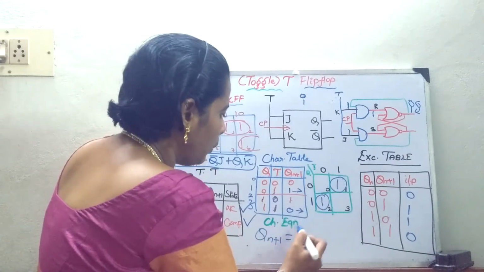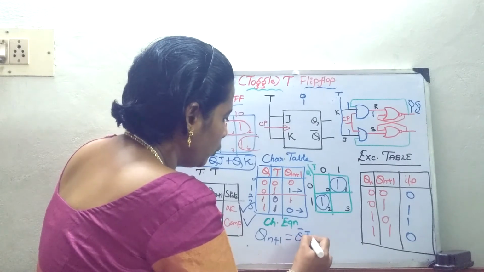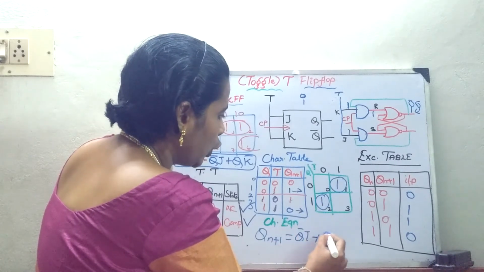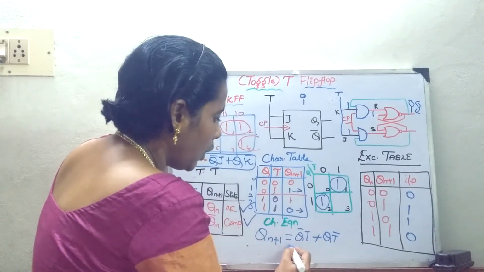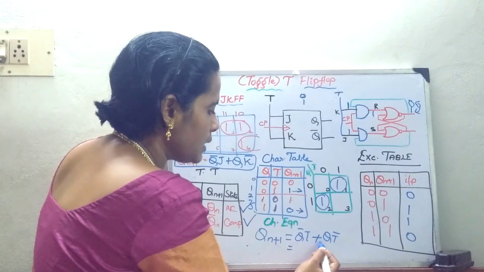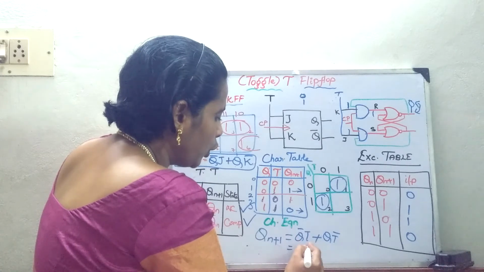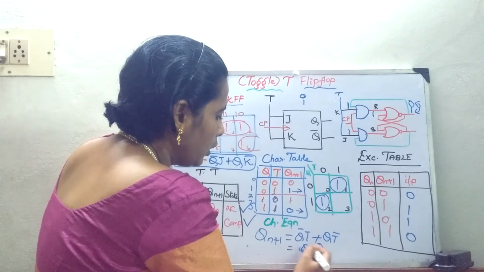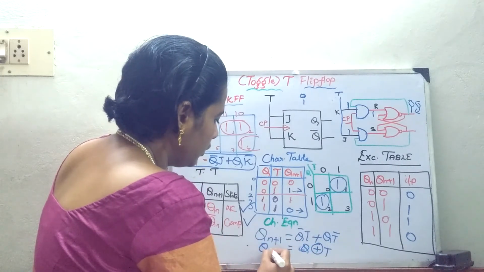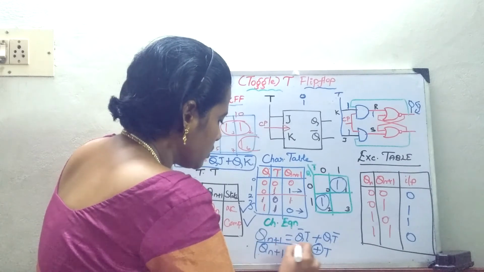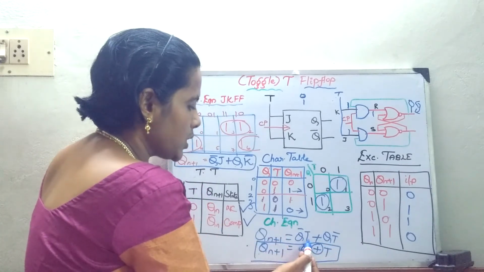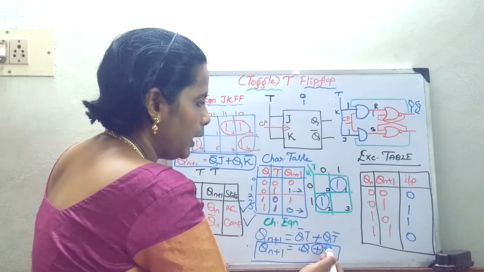It is nothing but Q bar into T plus Q into T bar. How can I write this? A B bar plus A bar B. So it is of the form Q XOR T. So this is your characteristic equation.